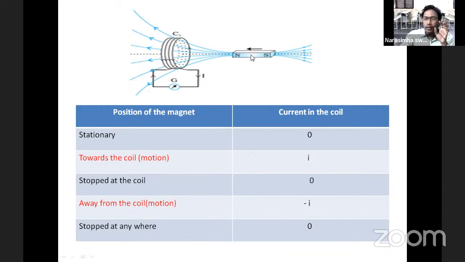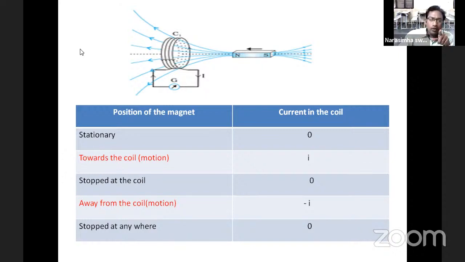If the magnet is kept stationary, then the number of lines of force entering the coil will be fixed. A fixed number of lines of force means there is no change in the magnetic field.